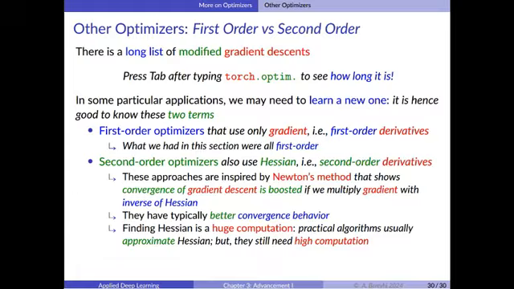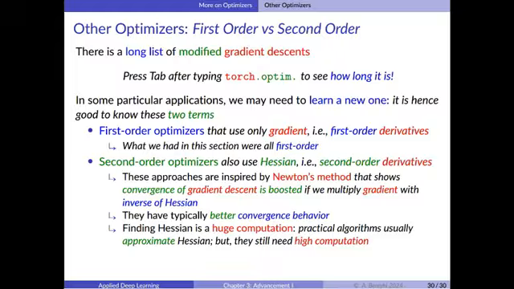We have also second order optimizers that use something like the Hessian, which is a second order derivative, and these approaches use Newton's method.